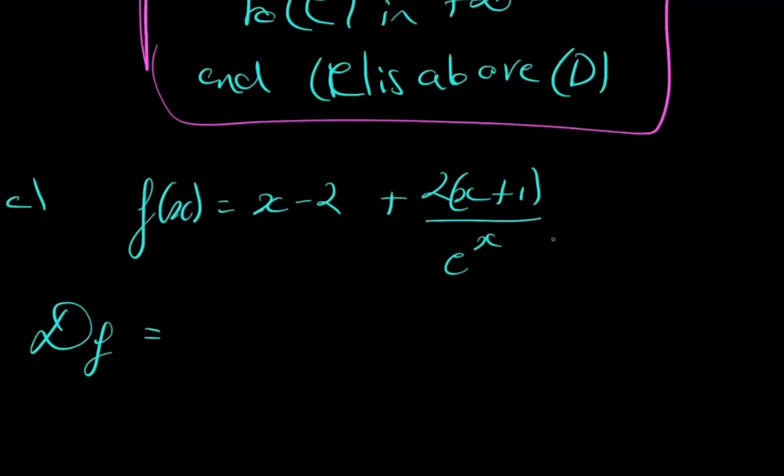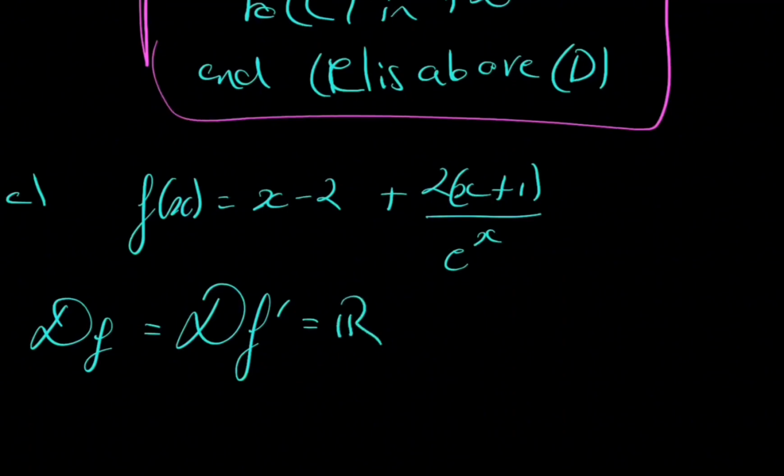So everything has a derivative for all x a real number. So the domain of f prime is equal to R.